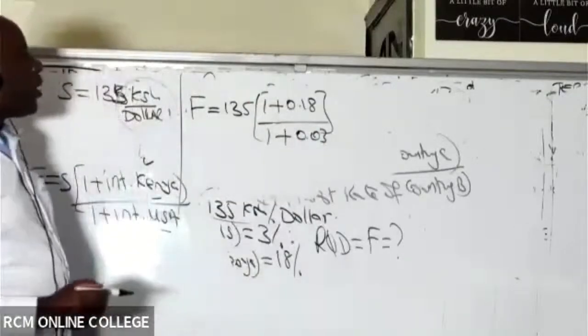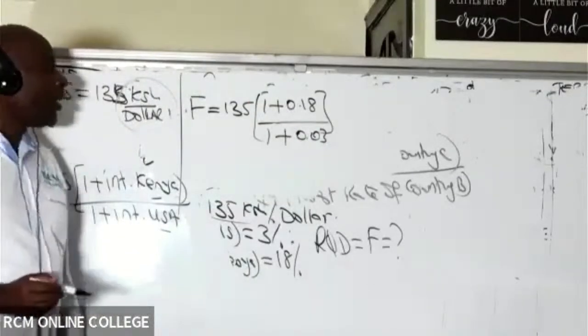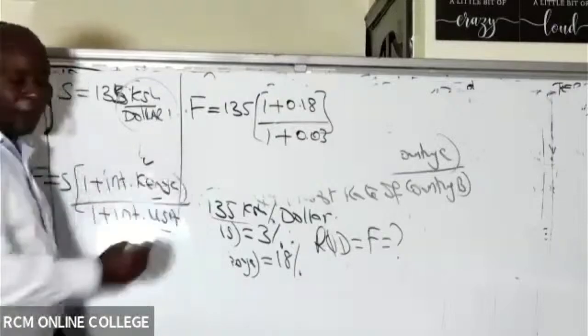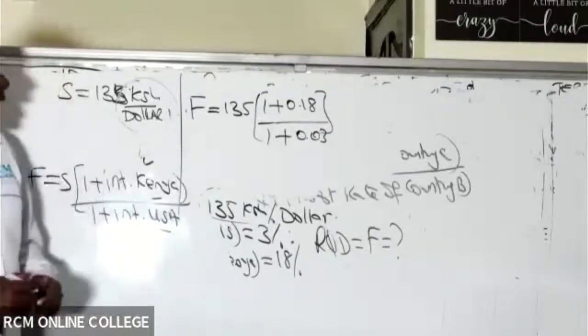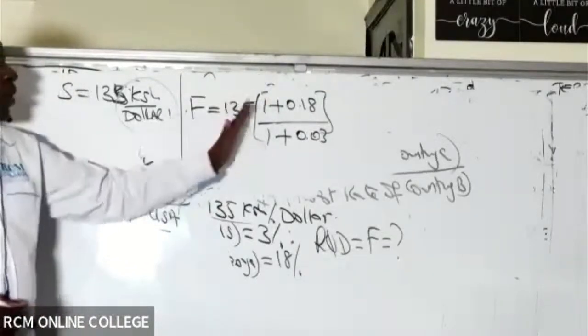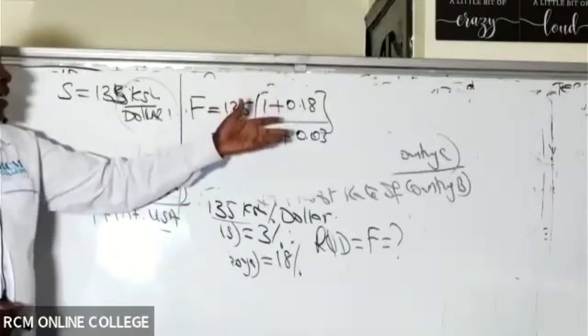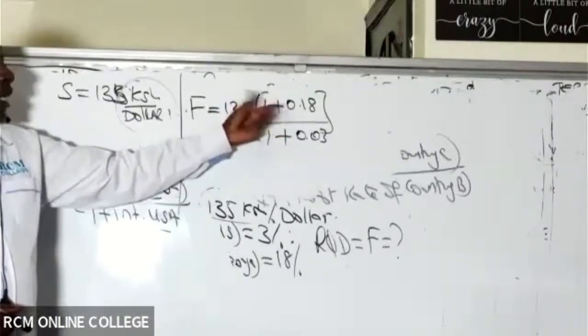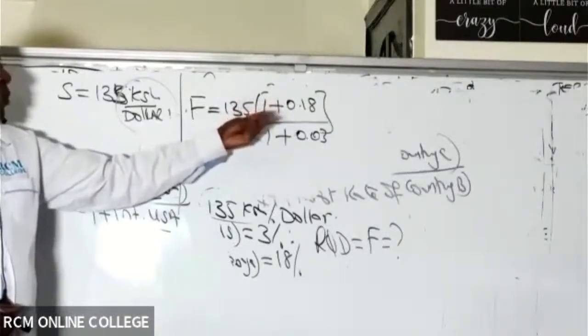So abracadabra, go slowly there. You will say 135 times, of course, this bracket. Even if it's 1, you have to handle this separately. First of all, you deal with the brackets, as per BODMAS.